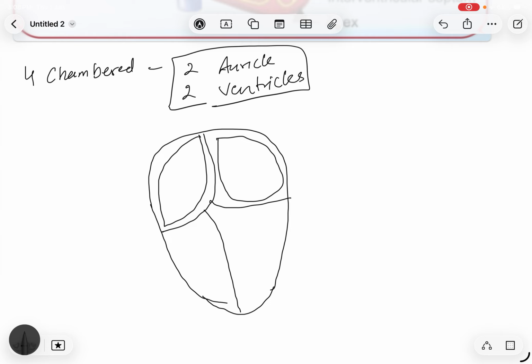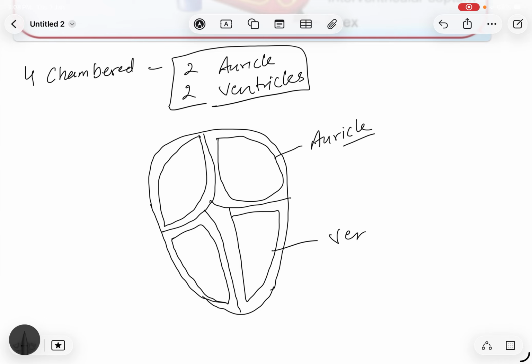The two upper small chambers are known as auricles, and the two lower chambers are known as ventricles.